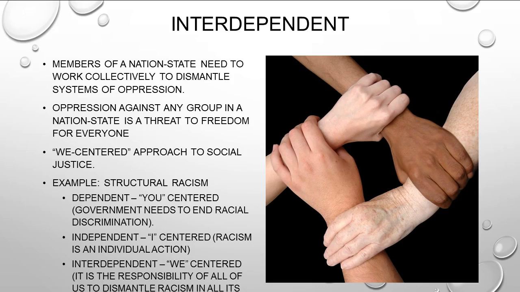So it's the responsibility of the state, of the government, it's the responsibility of people of color, but it's also the responsibility of white people to be allies in this. It's the responsibility of everyone.